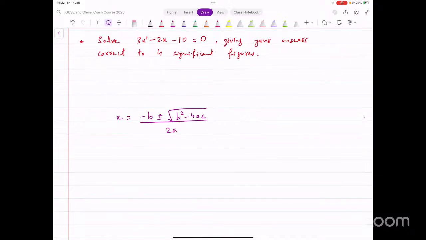In order to use this formula, your equation should be in this standard form: ax squared plus bx plus c equal to 0. That means the coefficient of x squared, we call that a, the coefficient of x, we call that b, and the constant term, that is c. Okay, and now all you have to do is input values in place of a, b, and c here.